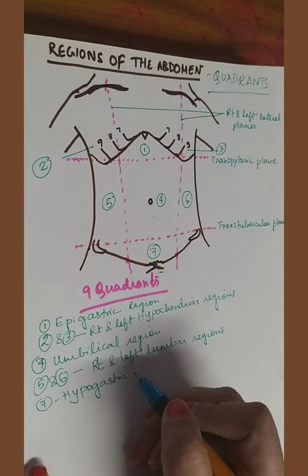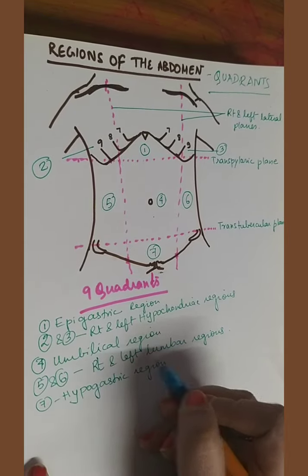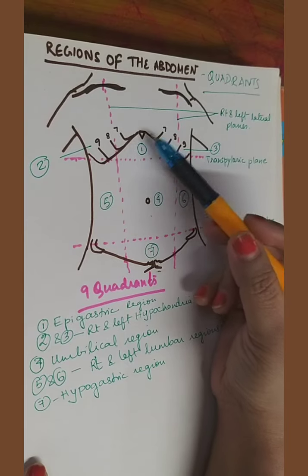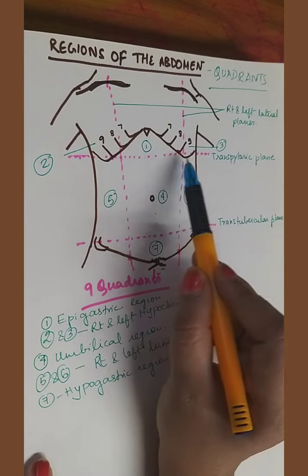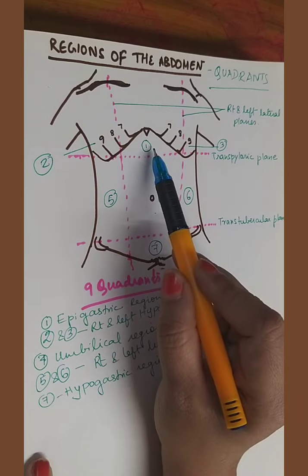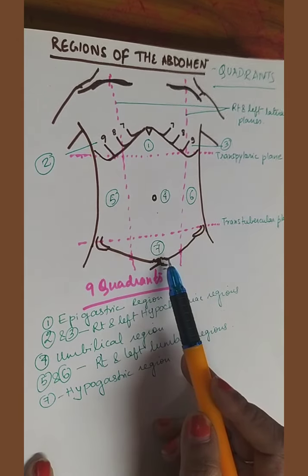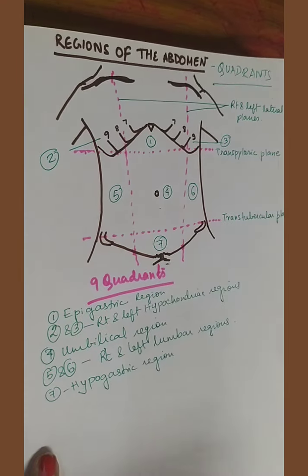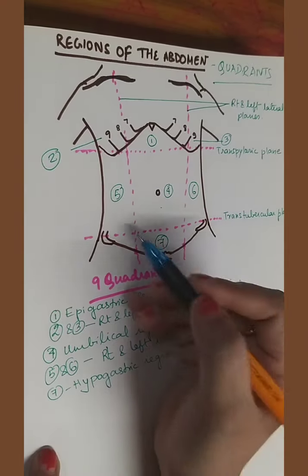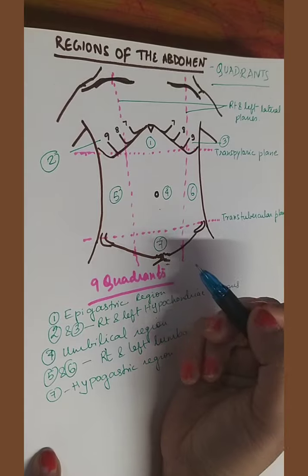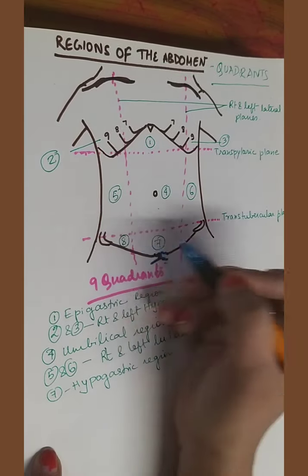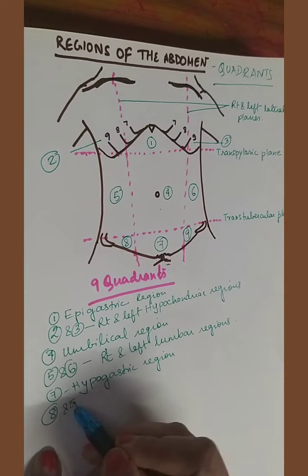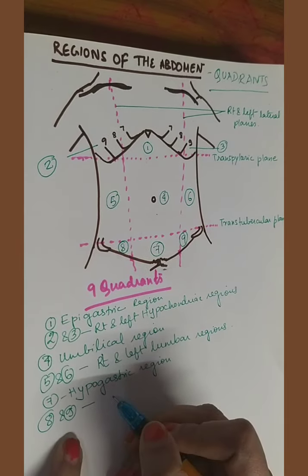Remember, the first in the middle in the upper zone was the epigastric region, and the one in the middle in the lower zone is the hypogastric region, and on either side of the hypogastric region are the 8th and 9th quadrants.